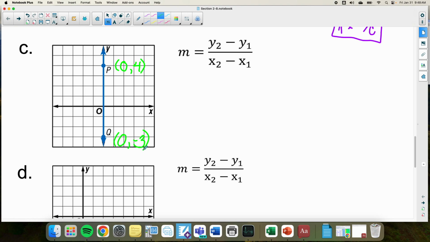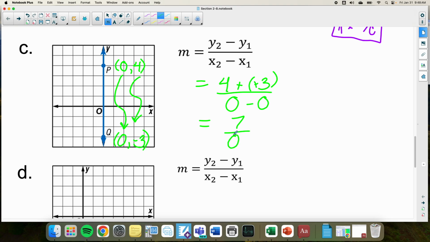Okay, now on top I subtract my y's, so I'm gonna go 4, subtract a -3, and then I'm gonna subtract my x's on the bottom, 0 minus 0, okay? 2 negatives in a row become plus. 4 plus 3 is 7. 0 minus 0 is 0, okay?